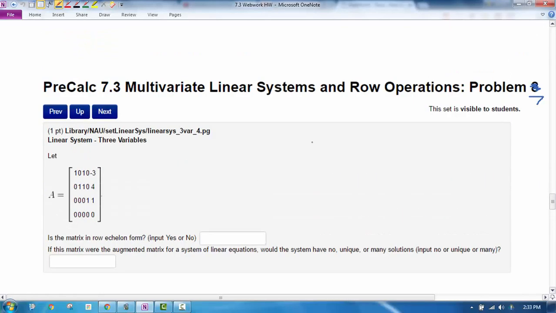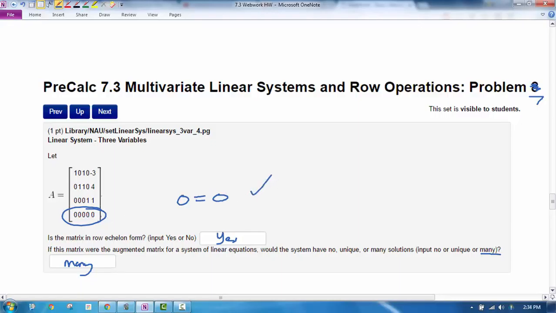All right, the next problem is problem 7 right here. And it says, given this matrix, is this in row echelon form? It is because of the ones here, and it does have numbers elsewhere. But mine has infinitely many solutions because this last equation right here is an identity, 0 equals 0, which is always true.